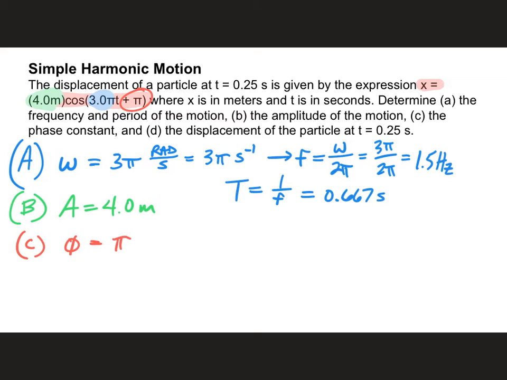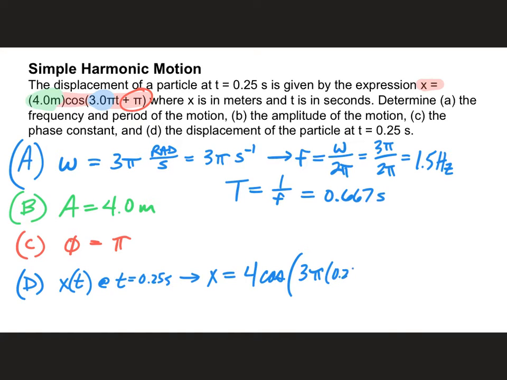And then this last part is a plug and Chugsville issue. At time equal, so I have x of t, okay, and so at t equals 1/4 second, that means I'm going to have my equation, x is going to be, and we know it's a 4 meters out front, cosine of 3 pi times that 1/4 second plus pi.